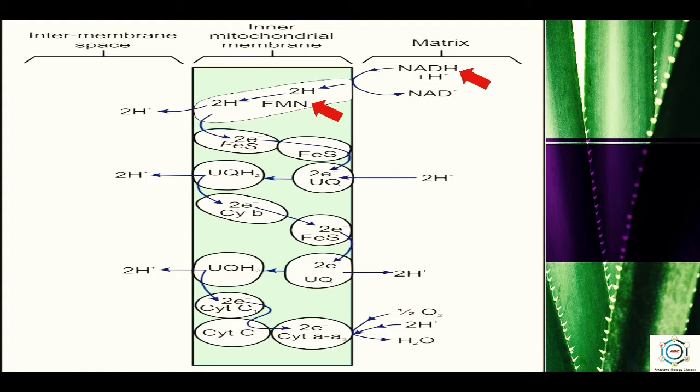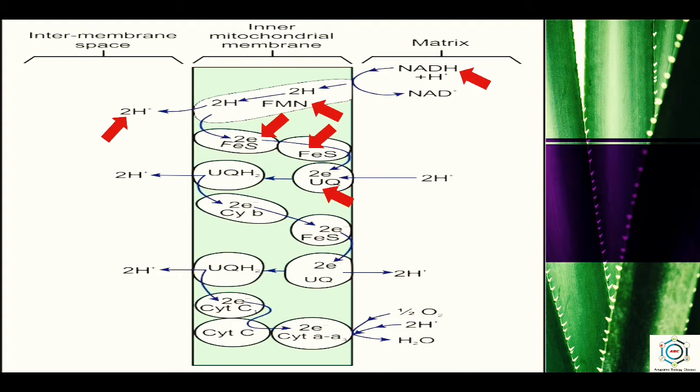Now reduced FMN, that is FMNH2, then transfers its electron to FES protein and 2 hydrogen into the intermembrane space. The reduced FES protein then transfers its electron to ubiquinone, that is UQ.